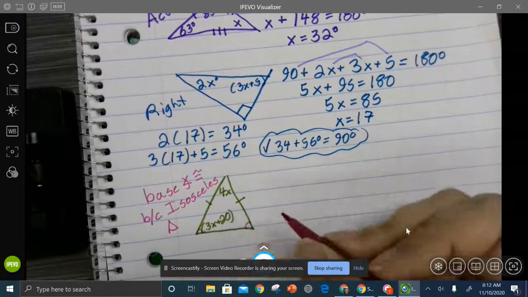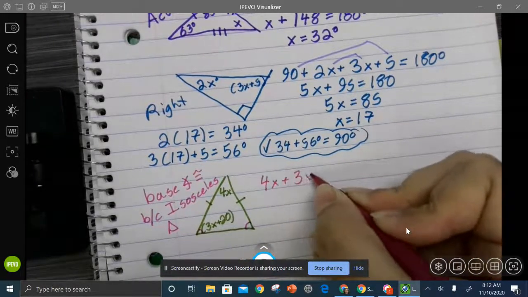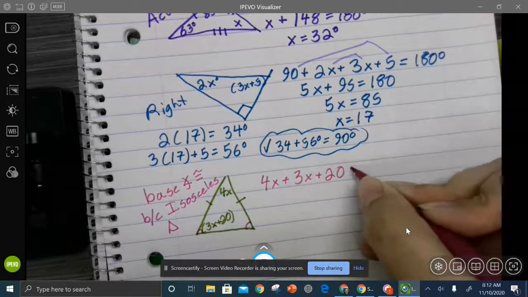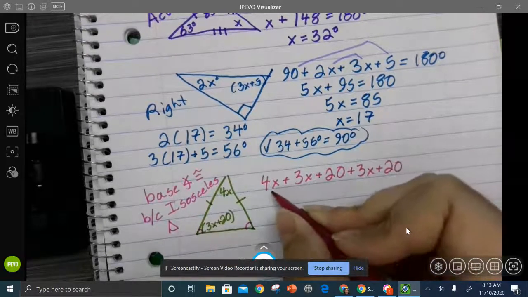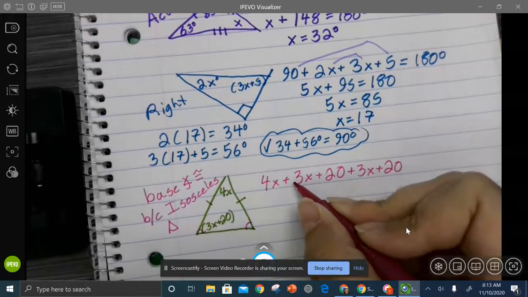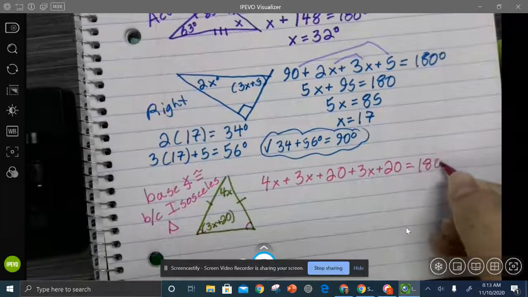So these base angles are congruent, so we're going to do 4x plus 3x plus 20 plus 3x plus 20. You could also do 4x plus 2 times 3x plus 20. It's totally up to you.